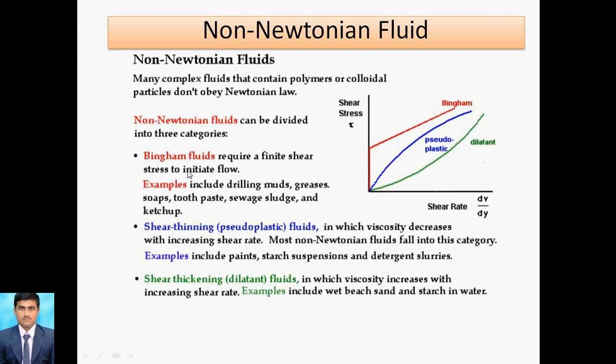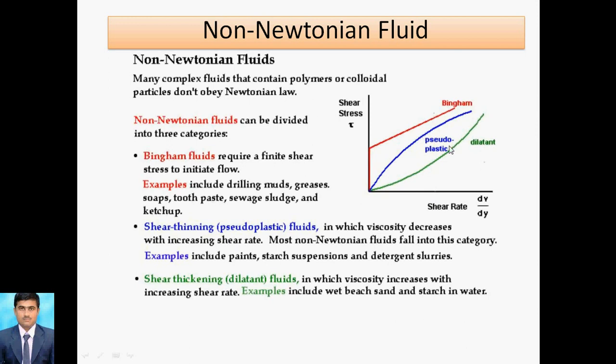These are Bingham fluids. The next fluid is pseudoplastic, or you can say non-Newtonian. Mostly that is categorized as non-Newtonian. So an example is paint. So here viscosity decreases with increasing shear rate. Examples are paint, or you can say starch, detergent slurries.